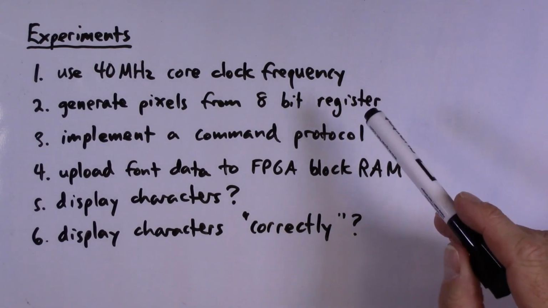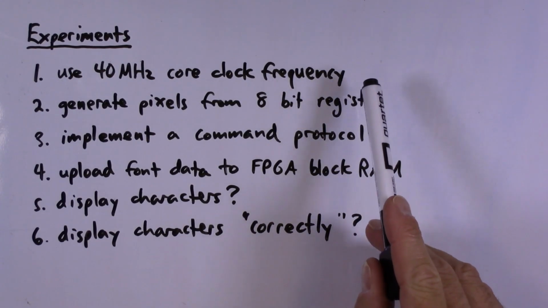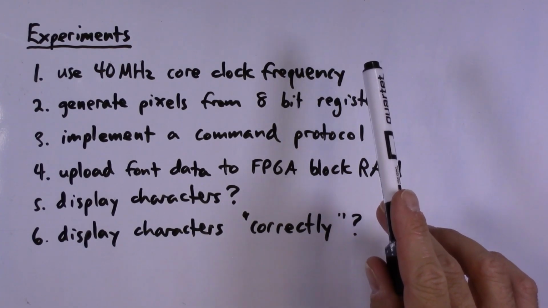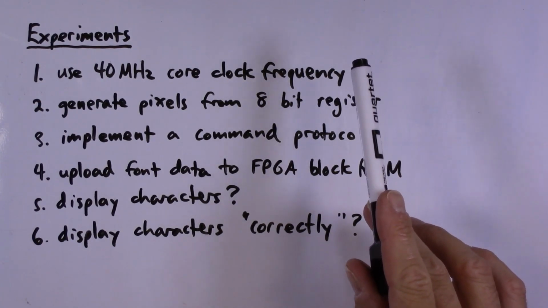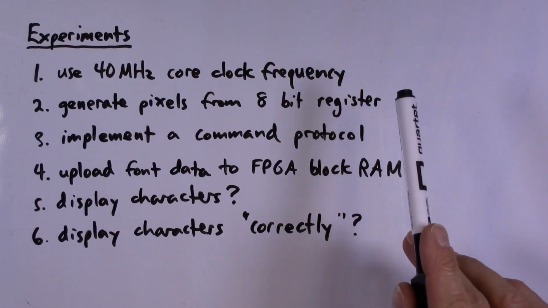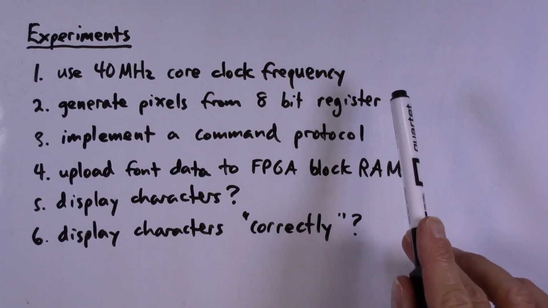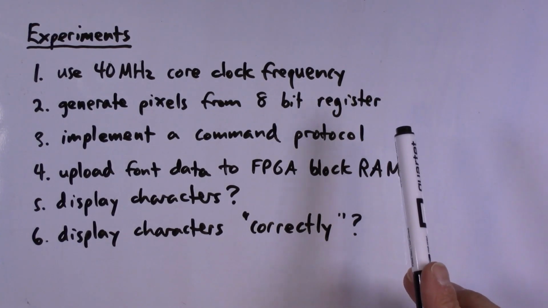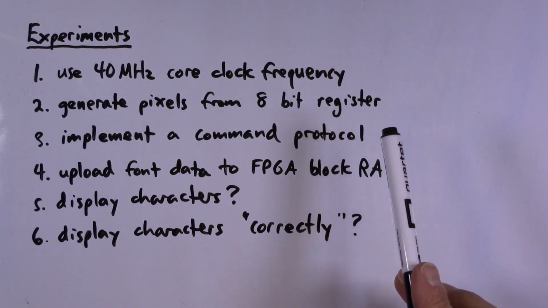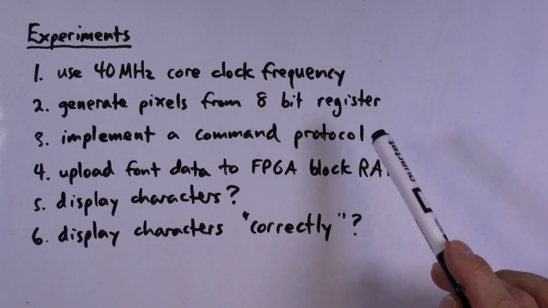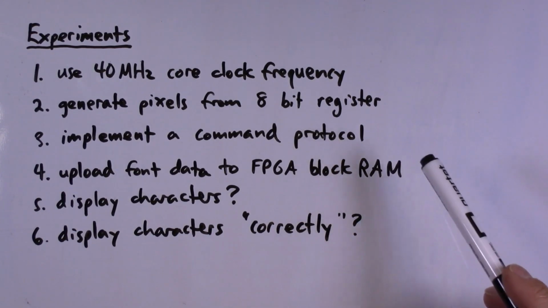All right, so I ended up doing a total of 6 experiments. In experiment 1, I reset the core clock frequency of the FPGA to 40 megahertz, and I'll explain why in a moment. In experiment 2, we implement the 8-bit pixel register and use that to generate the foreground and background pixels. In experiment 3, we implement a command protocol to provide a reasonably flexible way for the host system to send commands to the FPGA.